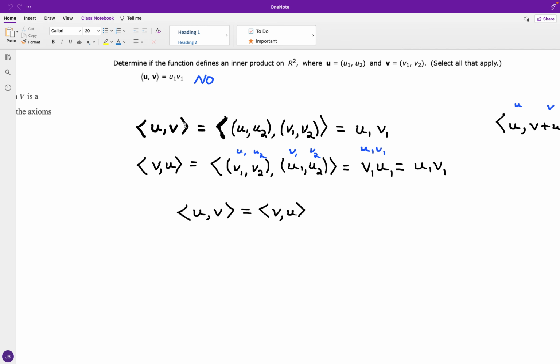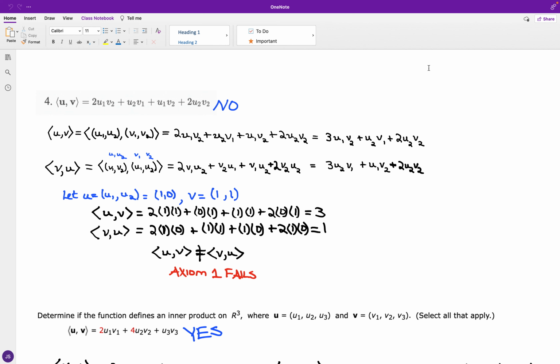Now, let's say we have u paired up with v, and we want to see if this is going to be an inner product on R2. So you have this pairing: 2 u sub 1 v sub 2 plus u sub 2 v sub 1 plus u sub 1 v sub 2 plus 2 times u sub 2 times v sub 2.